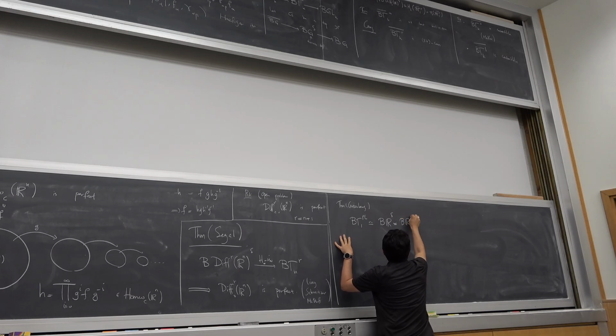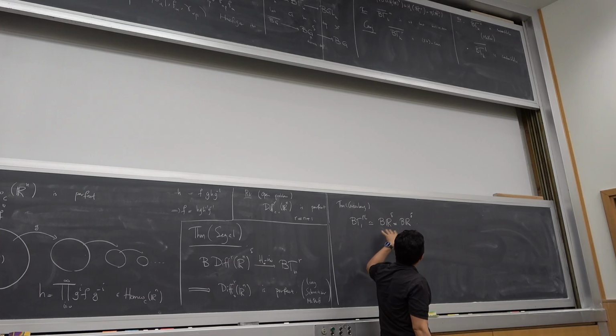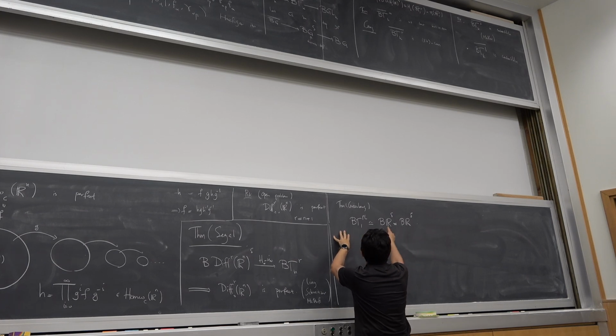It's a BR, and a join of two connected spaces is known to be at least two connected. So just the fact that it's a join already tells you that pi1 and pi2 are 0.